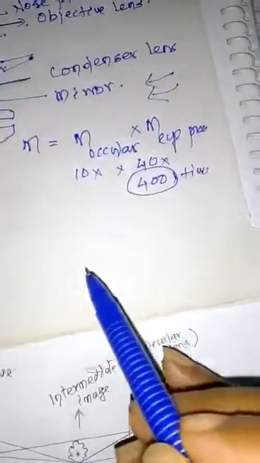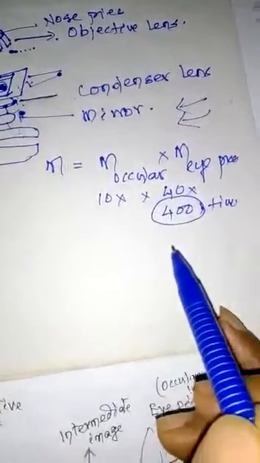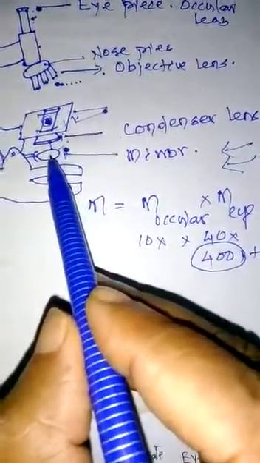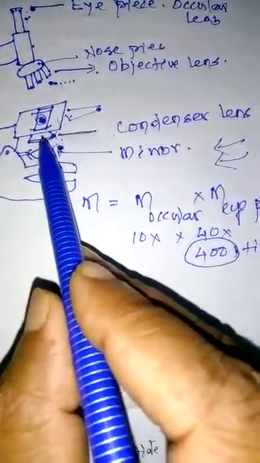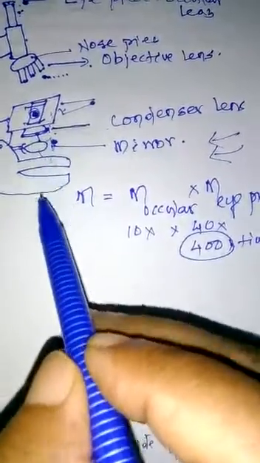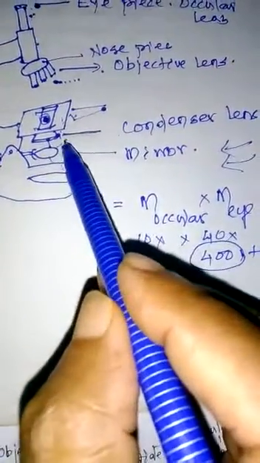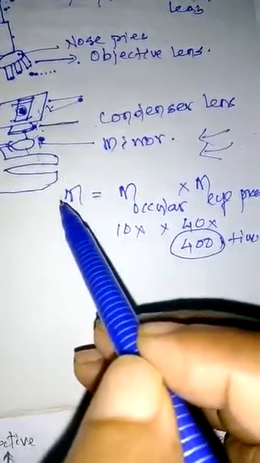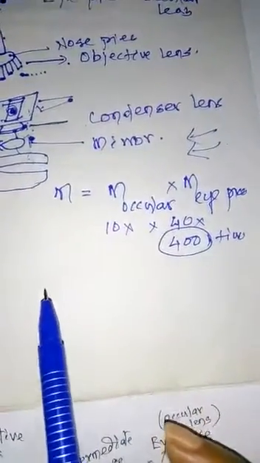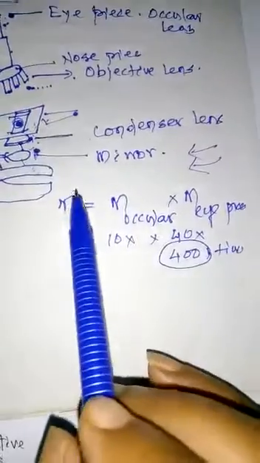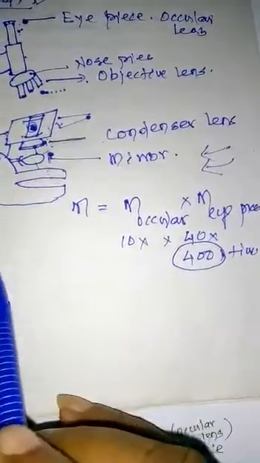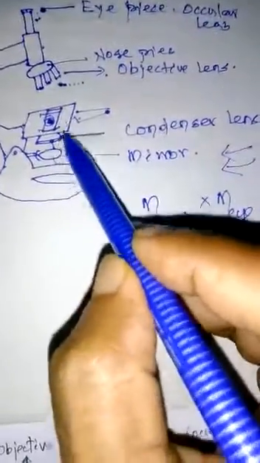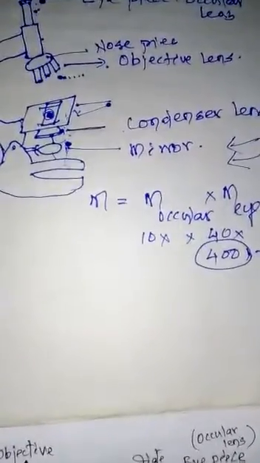And in this case, light of different wavelengths is received by the mirror and focused on this condenser. So it depends upon the numerical aperture of the objective. The numerical aperture of the objective is the light gathering capacity, which depends upon the angle and the refractive index of the medium that exists between the object and the objective.